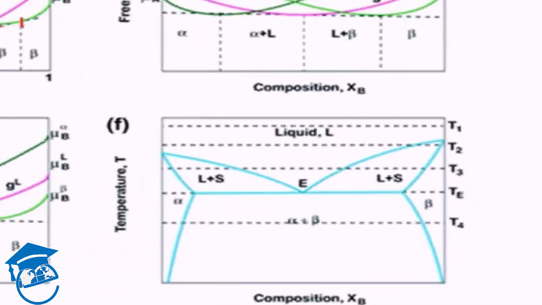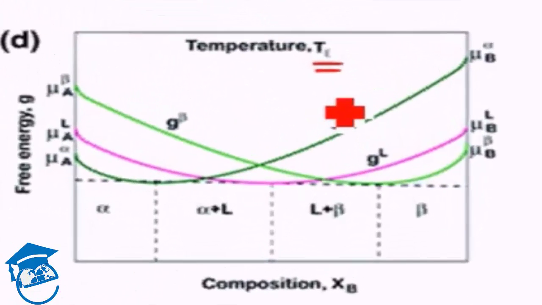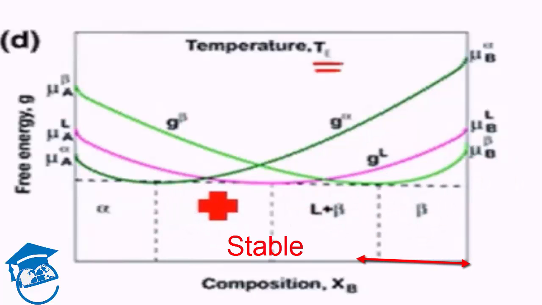Now let's go to the eutectic temperature, TE. At the eutectic temperature there has to be an invariant point, that is a point where 3 phases coexist. I forgot to mention this, but at this eutectic temperature and eutectic composition, we have 3 phases coexisting. Beta stable, liquid plus beta stable, alpha plus liquid stable, alpha stable.